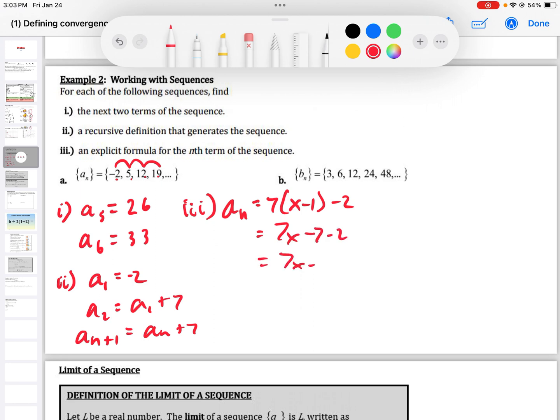So this is 7x minus 7 minus 2, which is equal to 7x minus 9, which I could have also gotten by just going back in my pattern: negative 2 minus 7 gives negative 9. All right, there we go. There's a recursive definition, or explicit definition.